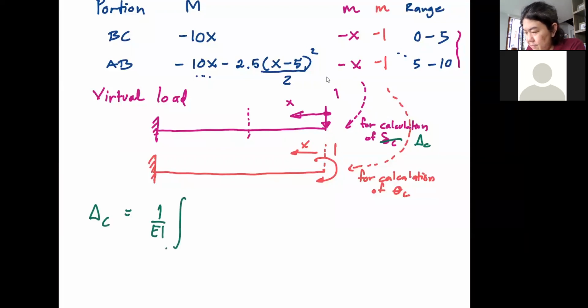Integral from 0 to 5. The actual load case is minus 10x. The virtual load case is minus x dx.